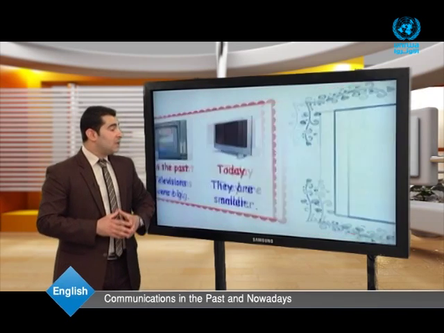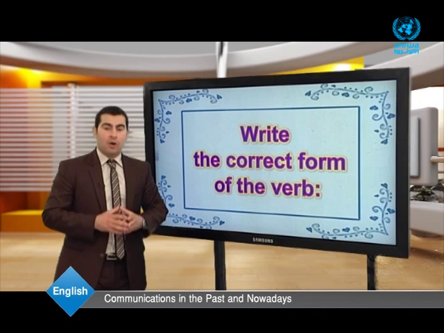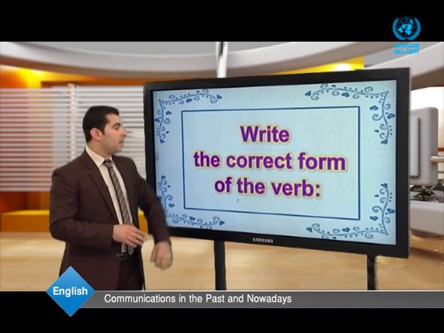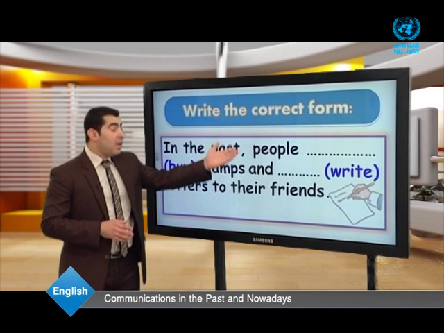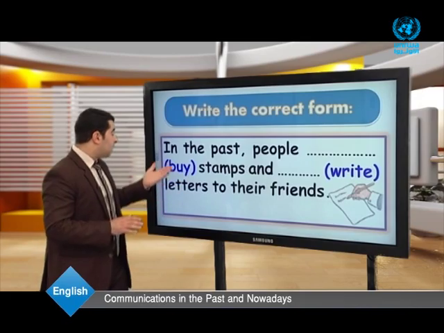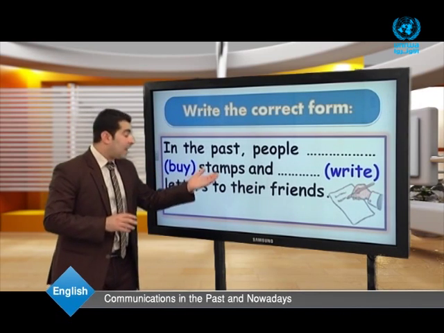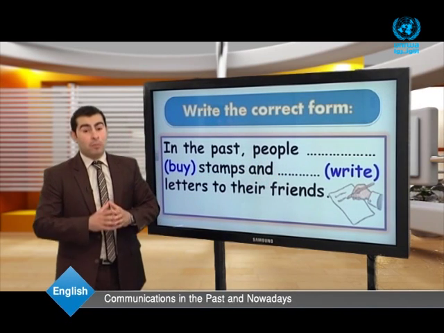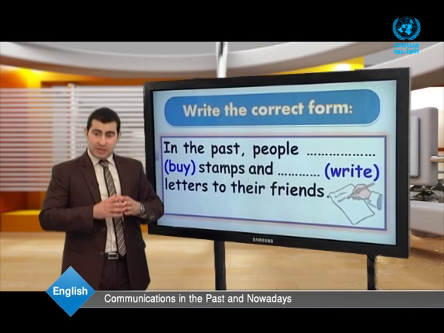And now, dear students, let's have this activity. Write the correct form of the verb. The first one. In the past, people, how do we use the verb buy? The second form of the verb buy, stamps. And how do we use the second form of the verb write, and letters to their friends.